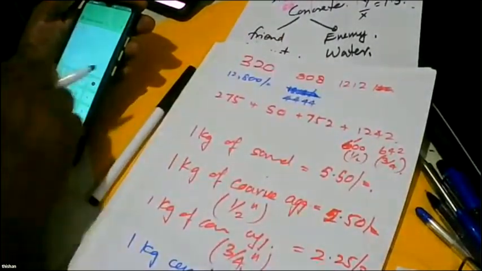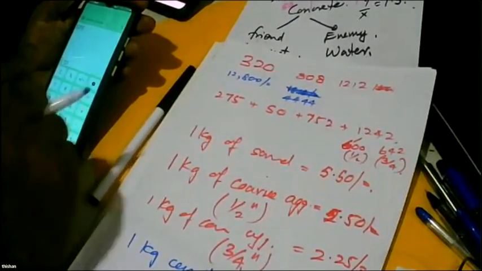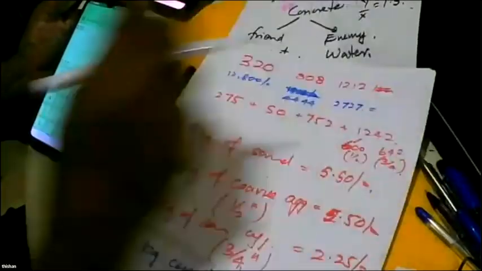And 1212 has to be multiplied by 225, 2727. Now you can see the addition.